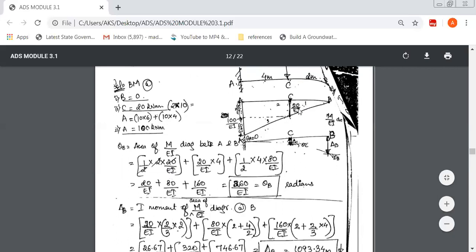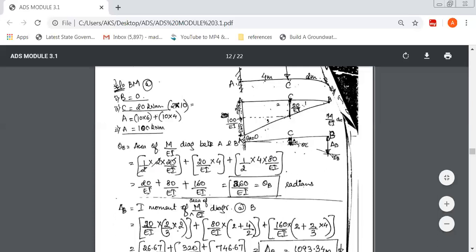Similarly, second, it's a rectangle. Area of a rectangle, 20 over EI into 4. So this is the second quantity. And third, half into base 4 into height 80 over EI. Again, 80 over EI you can write here only, or you can take EI common. Both will be same. After this, we'll go on simplifying.